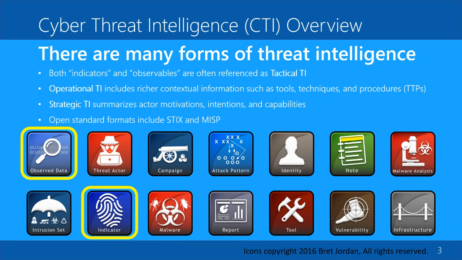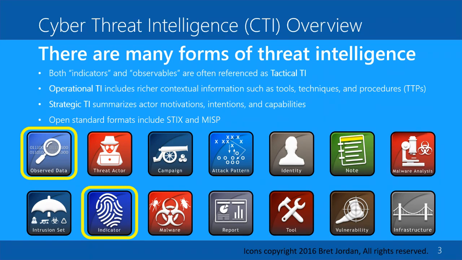So observed data and indicators are the things that are really effective within a SIEM like Azure Sentinel. And the reason they're effective is because these are the things that are able to be matched very easily with your organization's log data, which is what you're inputting into your SIEM. So the objects you see here are representative of a format that is used to represent threat intelligence. That format is called STIX.